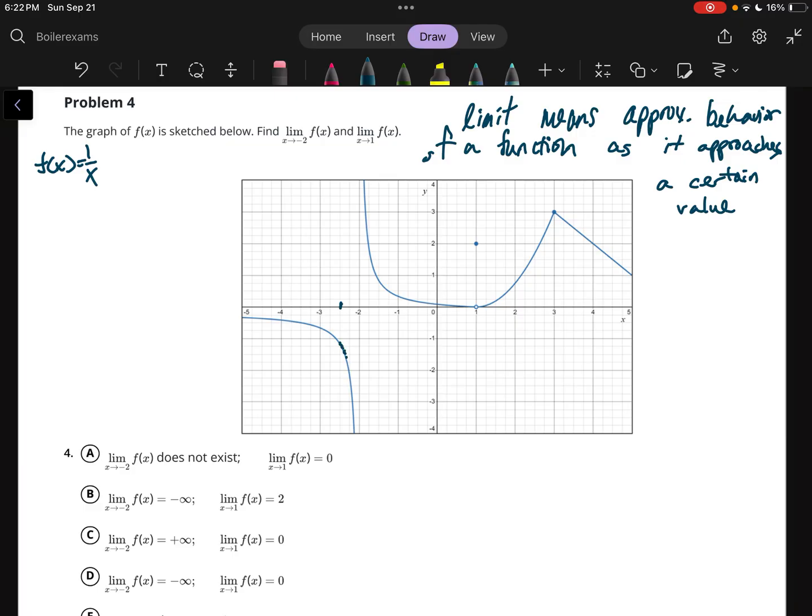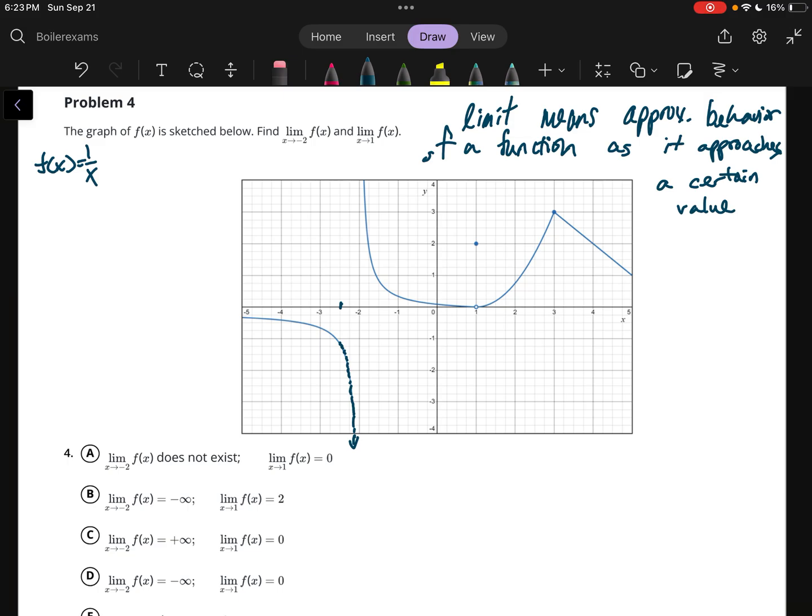If I follow the graph, I can see that it goes lower and lower and lower, but it's not touching -2 yet. When we have this kind of behavior where a function goes in a certain direction but doesn't actually touch the value, so it's getting closer and closer to -2 but not actually touching it, we call that an asymptote.